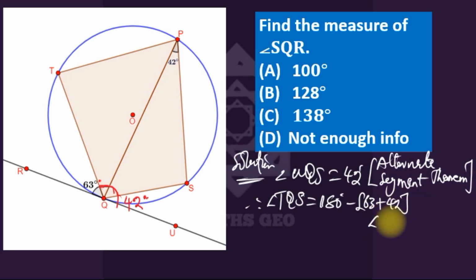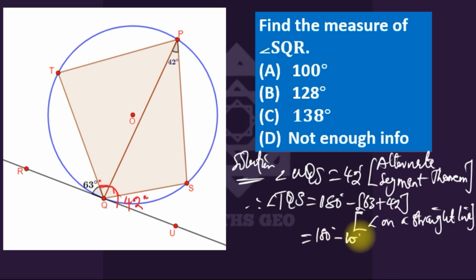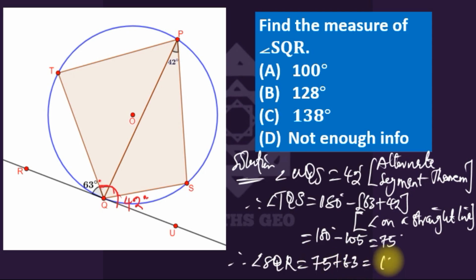Why? Angles on a straight line. So which is 180 minus 105, which is 75. Therefore, what we are looking for is angle SQR, which is 75 plus 63. The answer is 138. So option C.